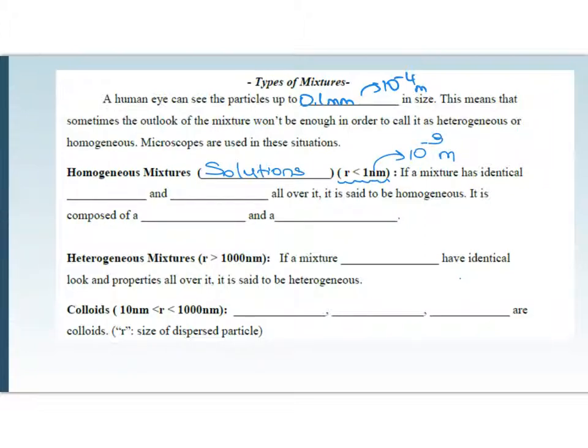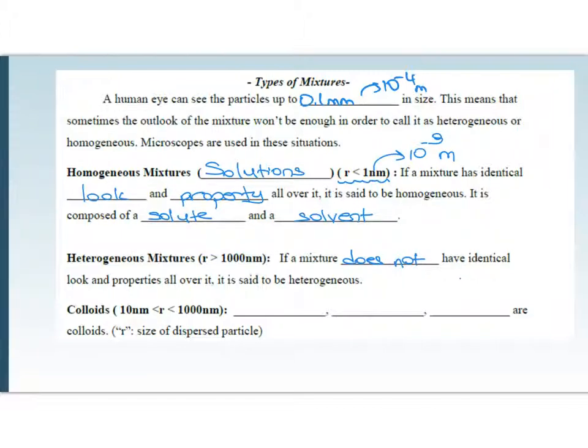If a mixture has an identical look and property, same look won't be sufficient, also the property, it is said to be homogeneous. A homogeneous mixture, which is a solution, is composed of a solute and a solvent. Heterogeneous mixtures usually have a diameter larger than 1000 nanometers, and in this case, the mixture does not have an identical look and property all over it.